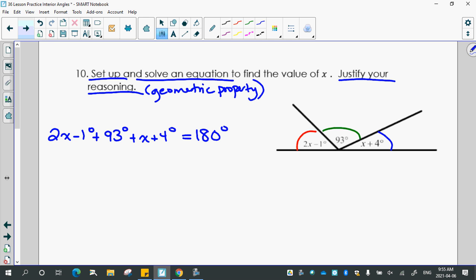So I have to get x by itself. So I'm going to collect like terms on the left side and make it smaller. So if I collect my x's together, 2x and another x is 3x.